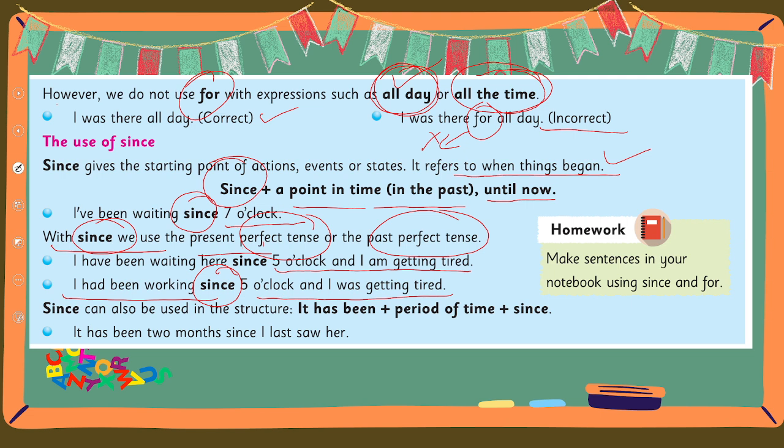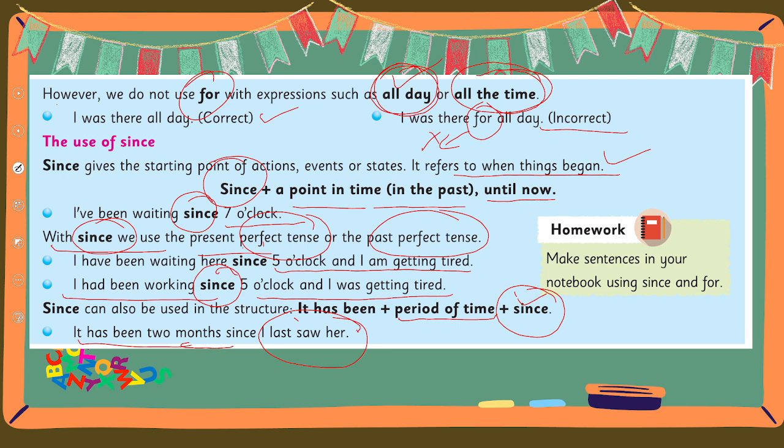"Since" can also be used in another structure. For example, this structure: "it has been" plus the period of time plus "since." So "since" can also come in the middle of the sentence, after these parts. "It has been 2 months since I last saw her."